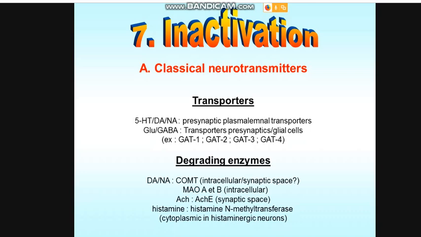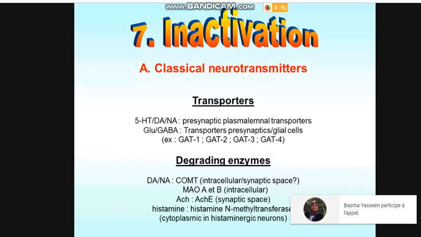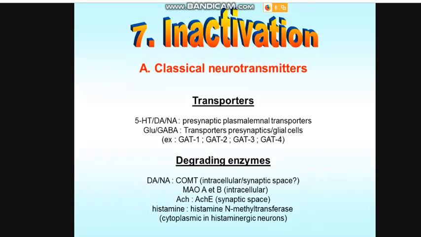Those transporters are multiple. I think for glutamate, they are called excitatory amino acid transporter, yes, EAAT 1, 2, 3, or 4. And there are also other channels that are capable of releasing or taking up glutamate.